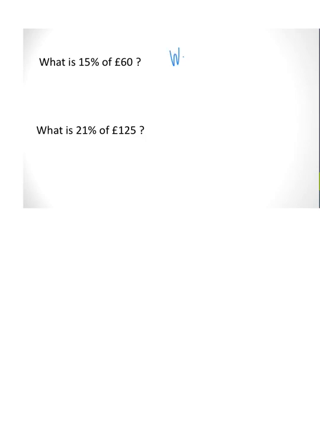In the first example, we've been asked to work out 15% of £60, and we're to do it without a calculator. So, without a calculator, if I want 15% of £60, I can quite easily work out what 10% is.